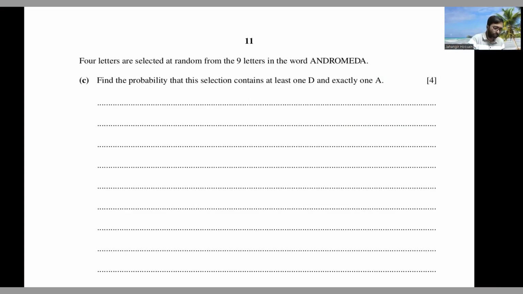That is the most important thing whenever you are finding the probability using selection, not arrangement. So here, let's find the probability that the selection contains at least one D and exactly one A. What are the scenarios?